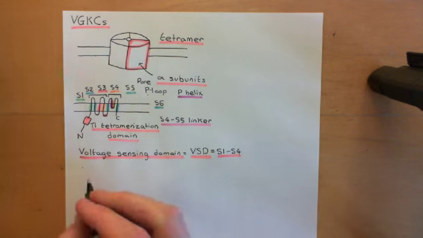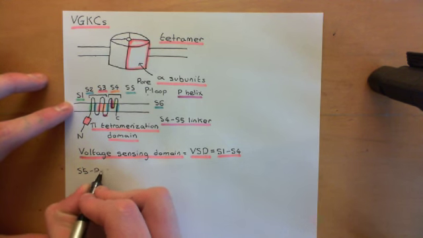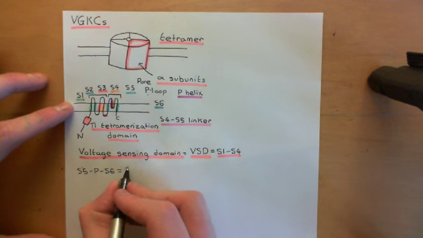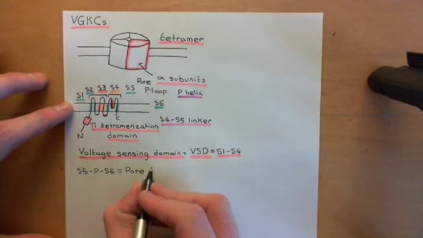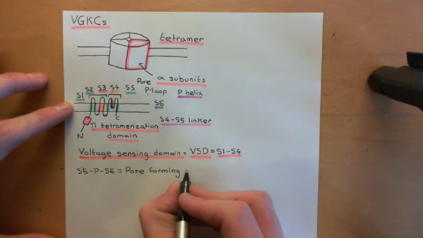The next portion, which is S5, the P loop, and S6, often written like so, is what's known as the pore forming domain. This is the portion that obviously is actually going to form the pore.